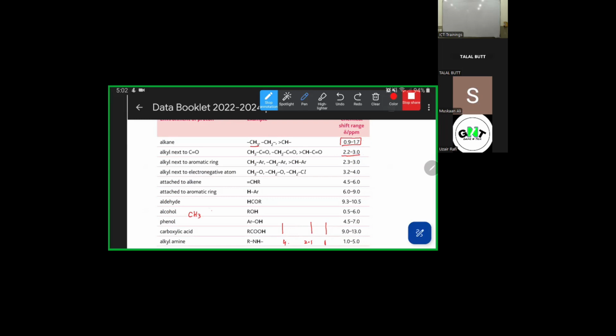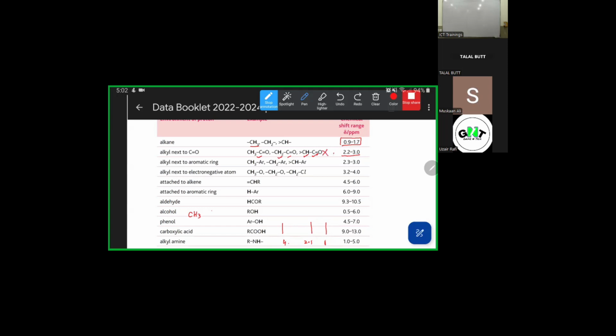No, so only this one is present. This one contains CH3CO, CH2CO, and CHCO. But we haven't got the C double bond O group up here, because an alcohol does not contain C double bond O. That is why we are not going to check it.